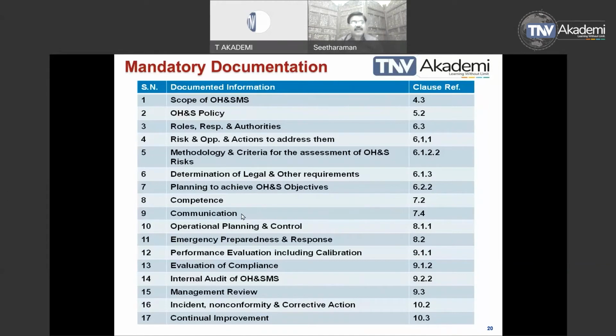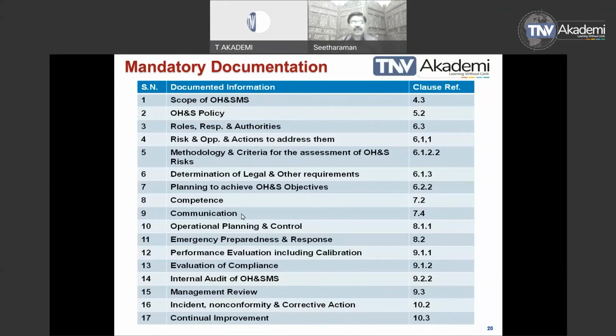Okay. Then internal audit, the entire audit program, schedule, notes, reports, all that has to be kept in the documentation. Then management review, evidence of top management reviewing the progress of the implementation and effectiveness, that will be kept as management review minutes records. Then incident, nonconformity and corrective action. Suppose any incident happened, it has to be investigated with worker participation, and the corrective actions identified have to be effectively implemented, and effectiveness has to be evaluated.